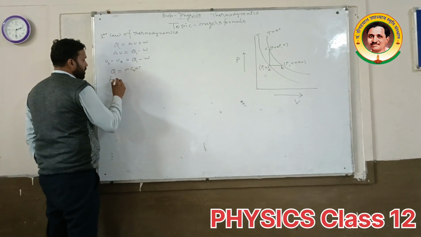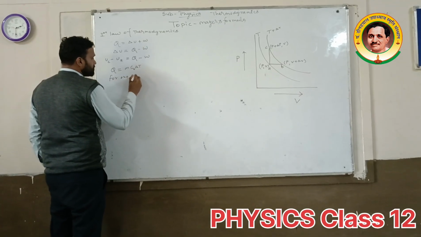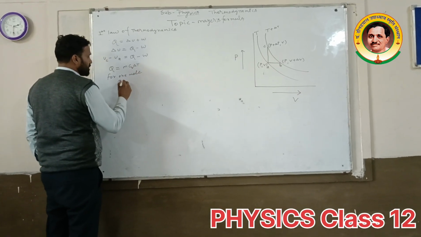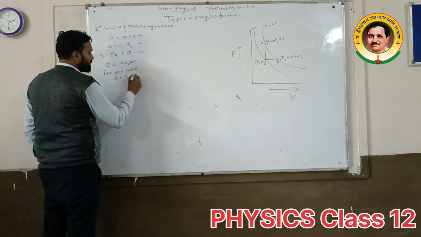For 1 mole, we can write Q equals CV delta T.